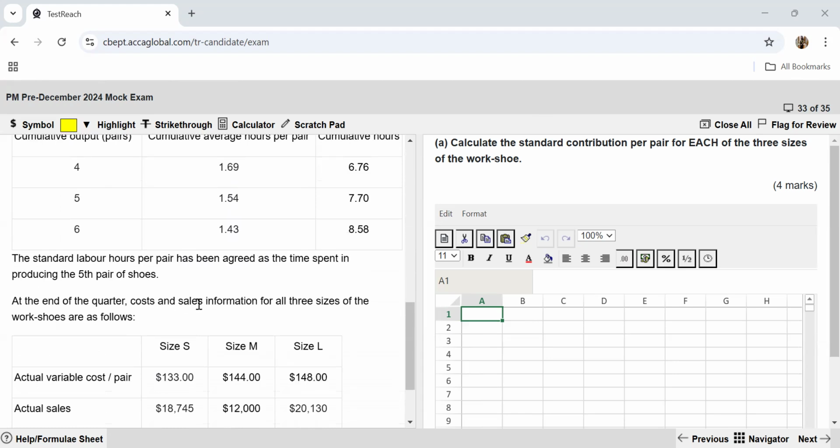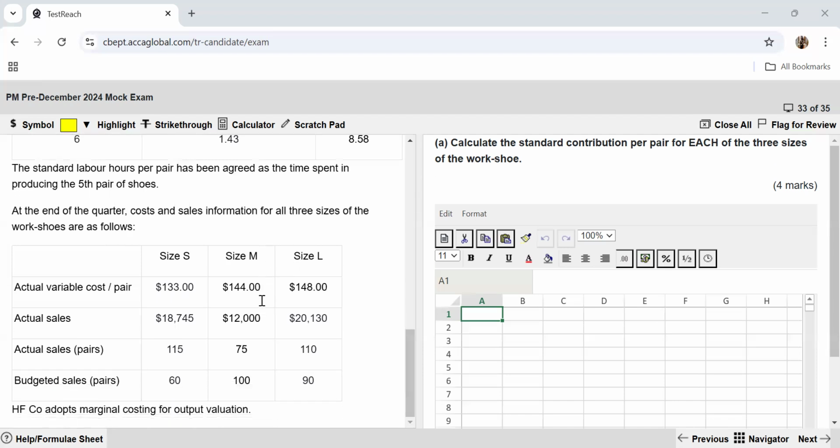At the end of the quarter, costs and sales information for all three sizes of the work shoes are as follows, and they are adopting marginal costing for output valuation. So the approach that they're using is the marginal costing approach. Now the requirement is asking you to calculate the standard contribution per pair for each of the three sizes.